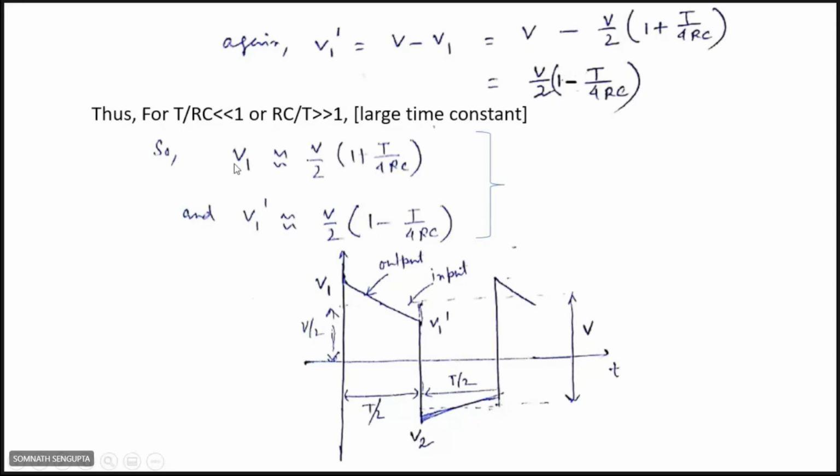So these are the two final equations for the voltage levels V1 and V1 dash for the case where the time constant RC is large. T by RC is low, that is less than 1, or the same thing, RC by T is high, very much greater than 1.